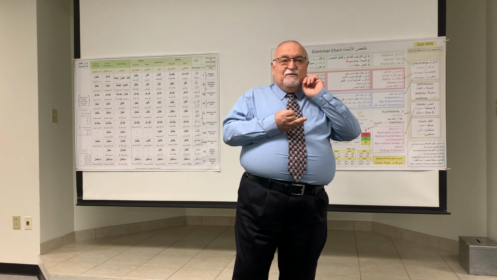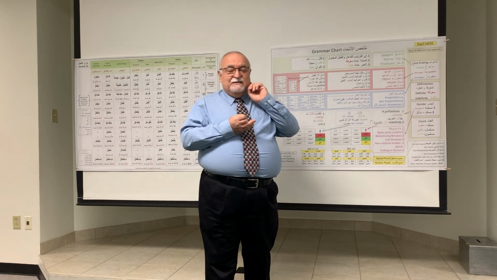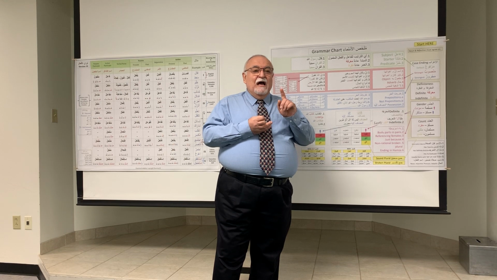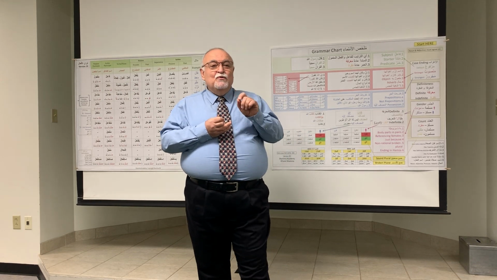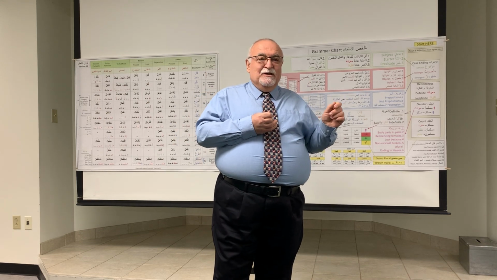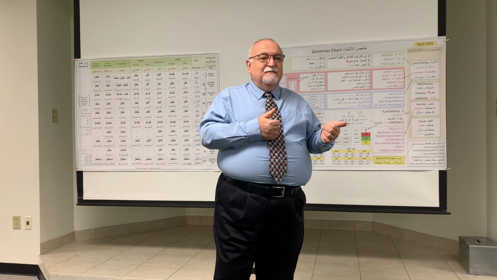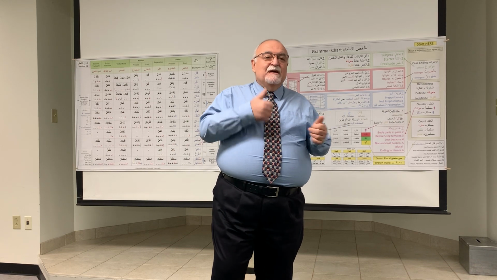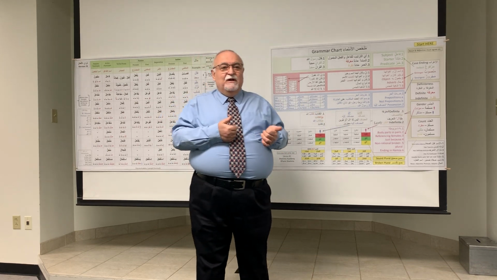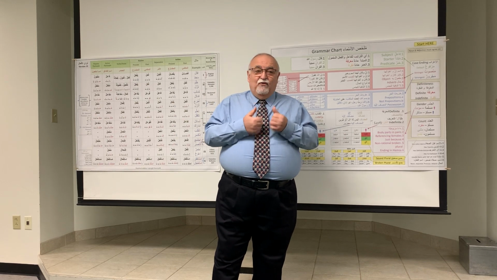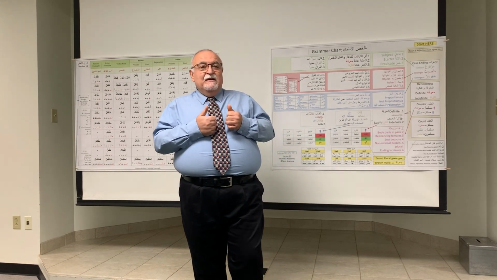So listen to the two. First, the phrase الرجل الجائع. Now the sentence الرجل جائع. So in a sentence, you have a definite subject and an indefinite predicate. But in a phrase, the case ending must agree.